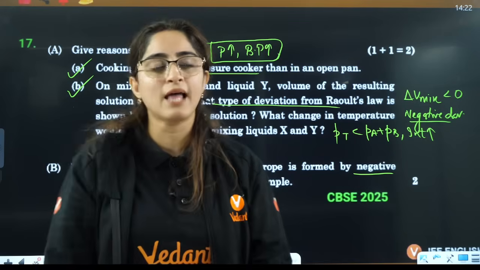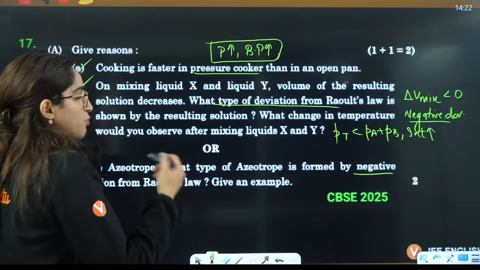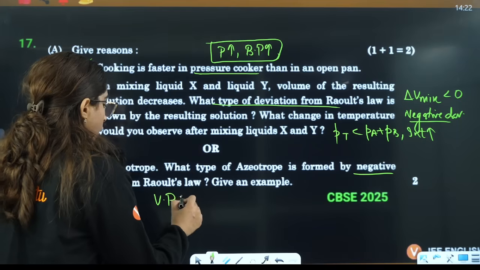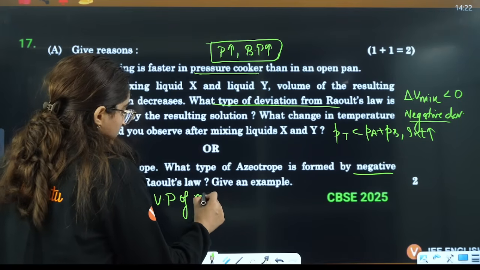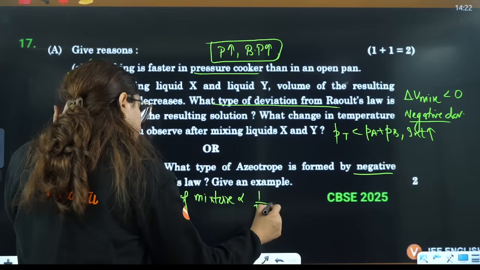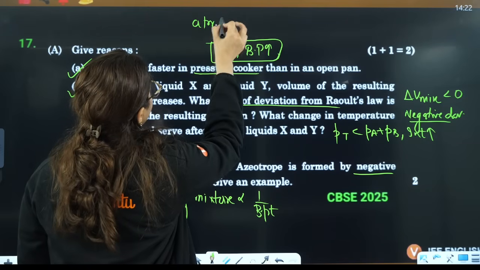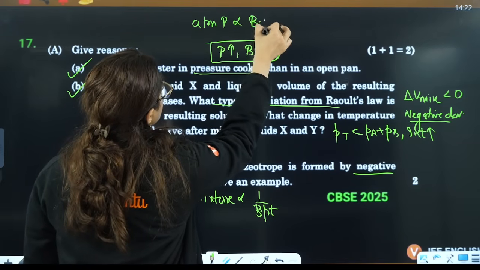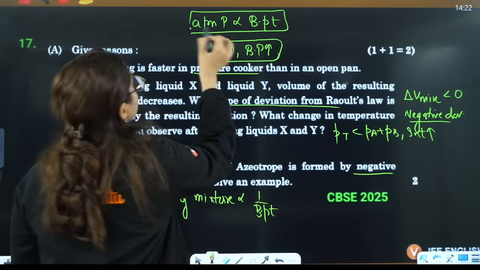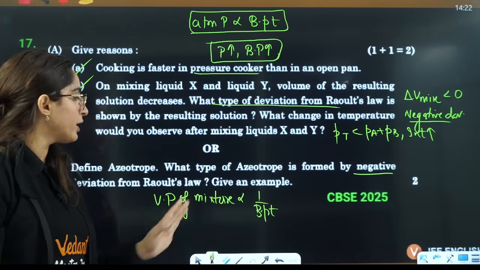Here the vapor pressure of the mixture is inversely proportional to boiling point, and there I was talking about atmospheric pressure being directly proportional to boiling point. So if the vapor pressure of the mixture is decreasing, the boiling point will increase.